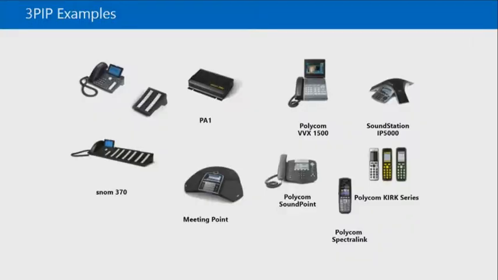So the meeting points, the PA1s, another big one, and I have to plug Snom on the PA1, it's a very common deployment object in a lot of schools. That PA1 is a real nice big device. Its basics is a device that gets associated to a Lync user. You call that Lync user, it takes it off hook, and goes over the intercom. It's an announcement.